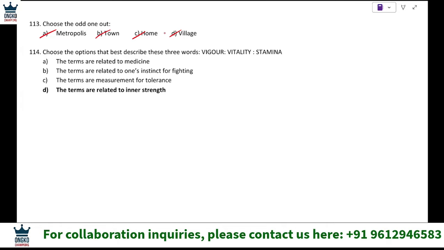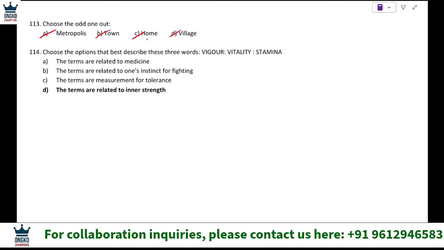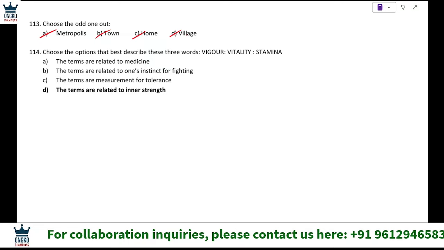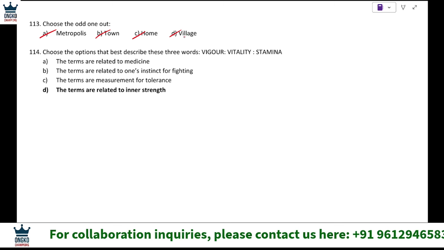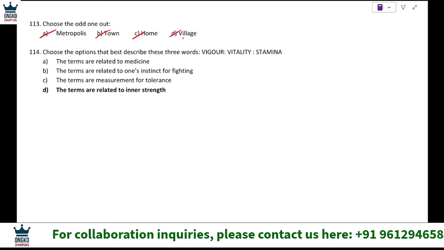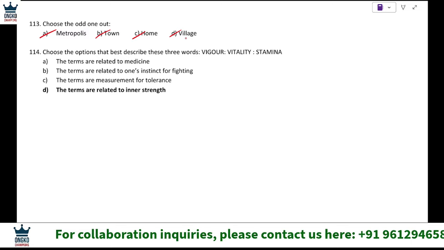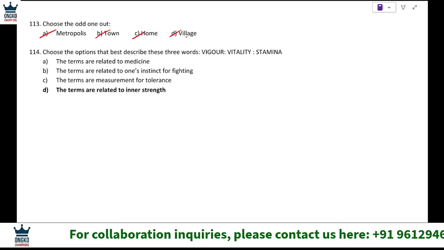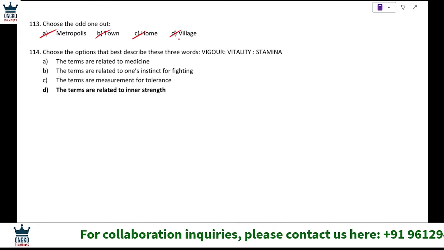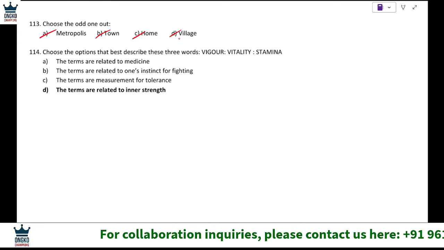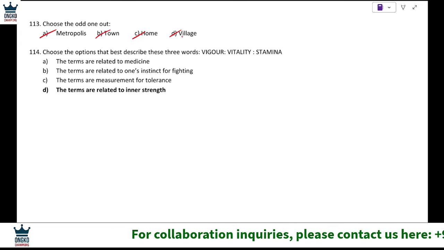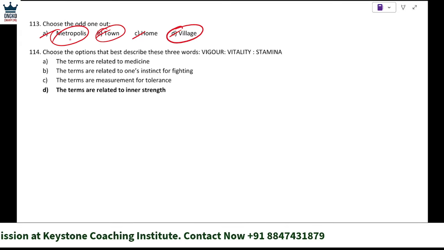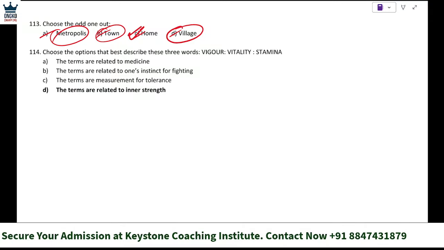So if we look very closely, metropolis, town, village, these all are types of communities, or no? Yes, we can categorize them by size and population. But home is not, so home is the answer. Right.